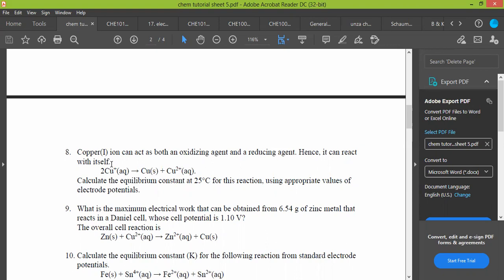So we will break it down into half equations. The oxidation equation: copper plus to give you copper 2 plus plus an electron. That is your oxidation equation.